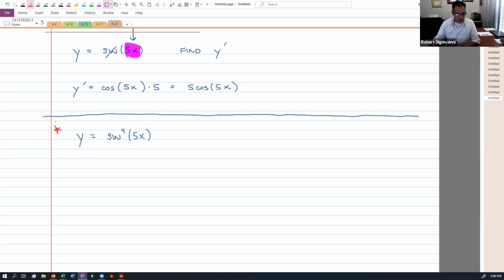Let me rewrite it a different way and maybe you'll see it. We have the 5x as the inside. And then outside of that, we have the sine function. But then outside of that, we have the 4th power. This is a triple composition, right? It's not just 2 things being composed, it's 3 things.